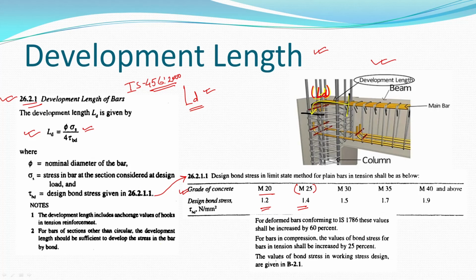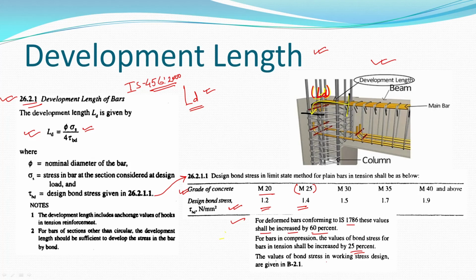Now there are some special notes. For deformed bars conforming to IS 1786, these values shall be increased by 60%. That means the value of this tau BD is increased by 60% for the deformed bars. And for bars in compression, the values of bond stress for bars in tension shall be increased by 25%.